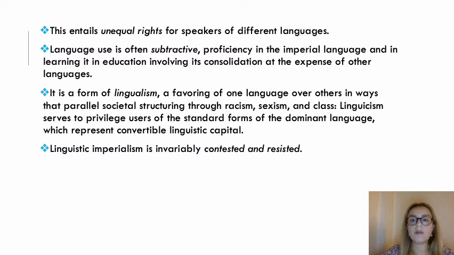It is a form of linguicism, a favoring of one language over others in ways that parallel societal structuring through racism, sexism, and class. Linguicism serves the privileged users of standard forms of the dominant language, which represent convertible linguistic capital. Linguistic imperialism is invariably contested and resisted.